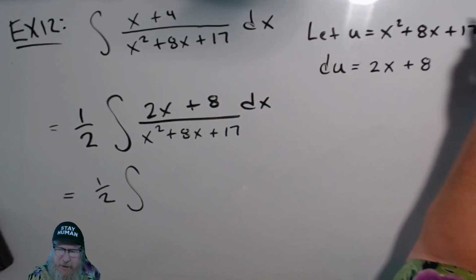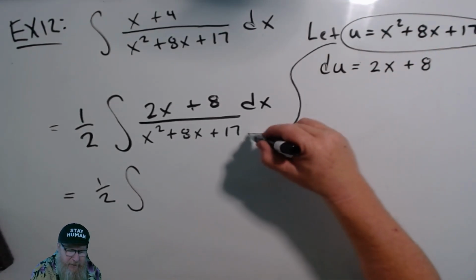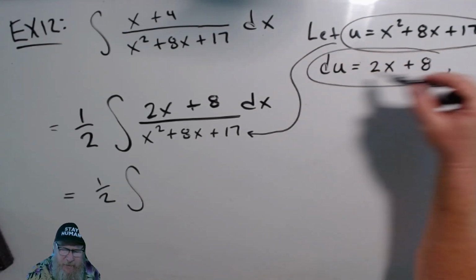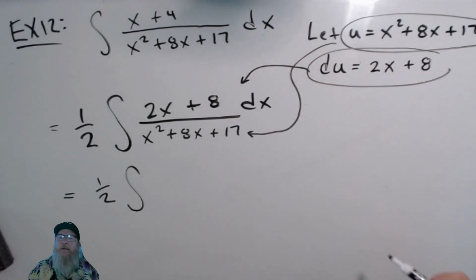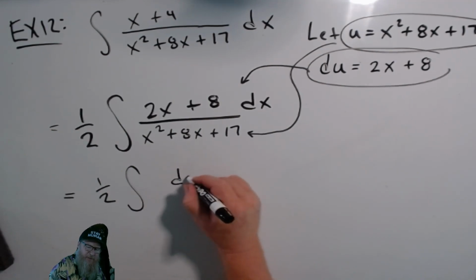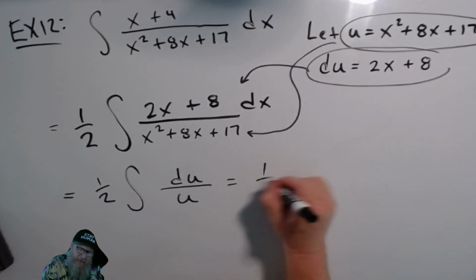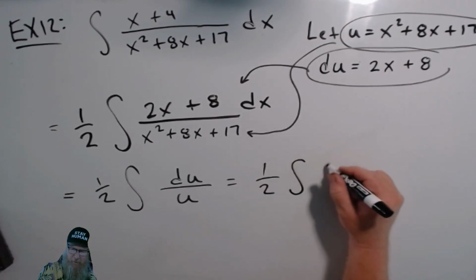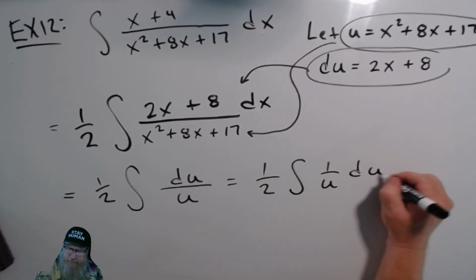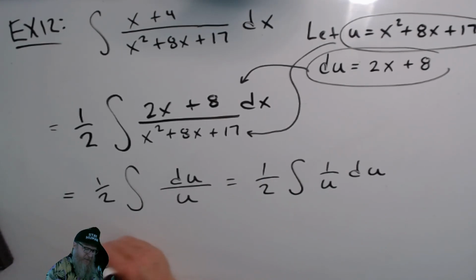Okay, and so then u is the denominator, and du is the numerator. So this becomes du over u, which is the same as 1 over u du, which is another ln.